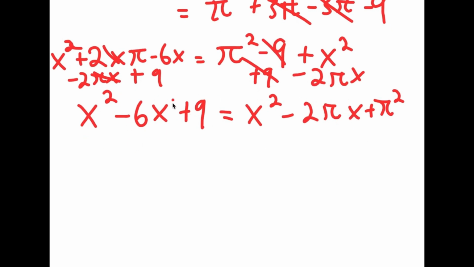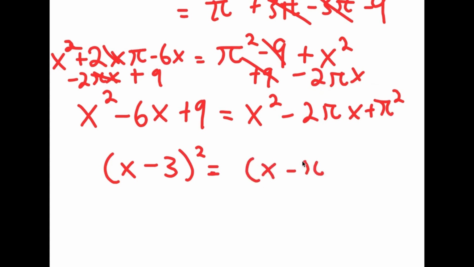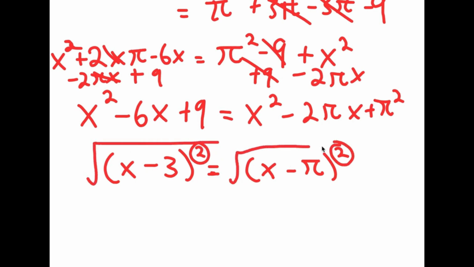And now, x squared minus 6x plus 9 factors into x minus 3 squared. And x squared minus 2 pi x plus pi squared is the same thing as x minus pi squared. So I have x minus 3 squared is equal to x minus pi squared. Now, I want to cancel these two squares, so I'm going to take the square root on both sides.